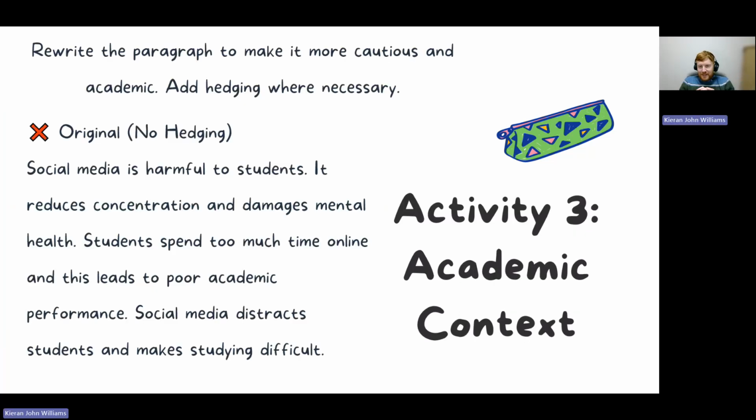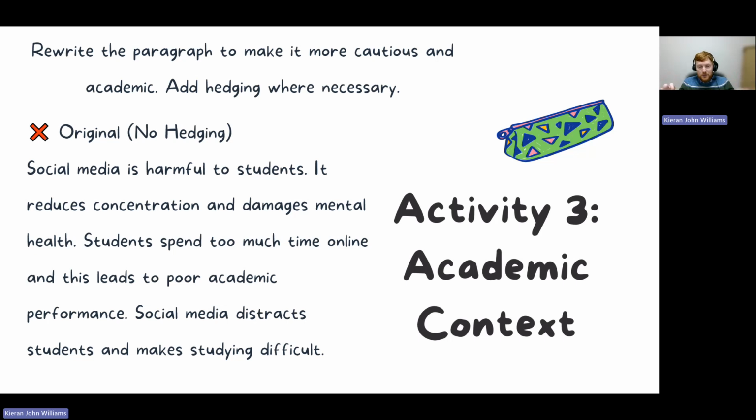Now, let's consider a longer piece of writing. Now, the paragraph on the slide here does not use any hedging, and because of that, it sounds too strong. So your task is to rewrite it so that it sounds more academic. So think about where you can add some modal verbs, where you can add some hedging verbs, some hedging adverbs, or some hedging phrases in order to soften the claims.